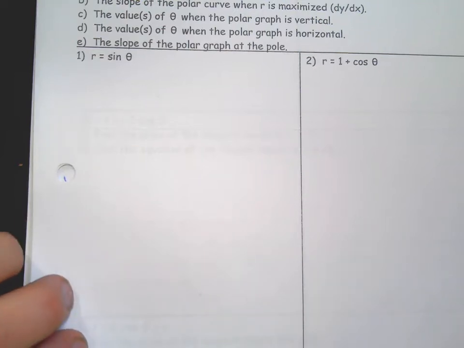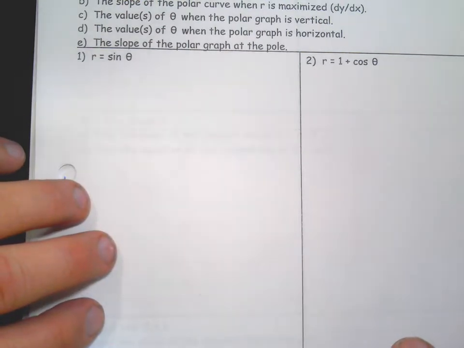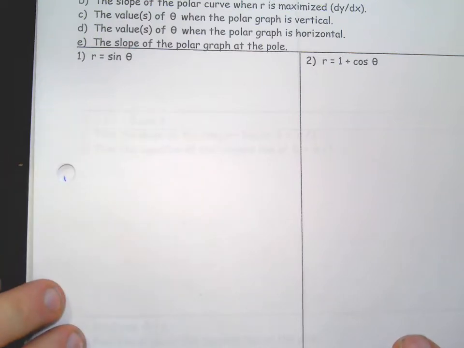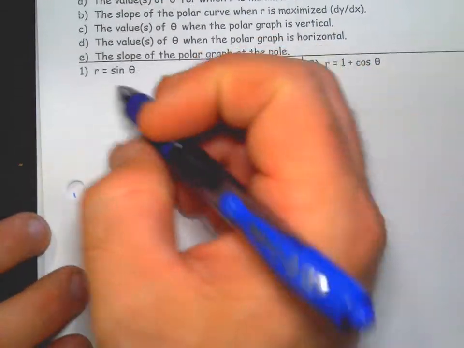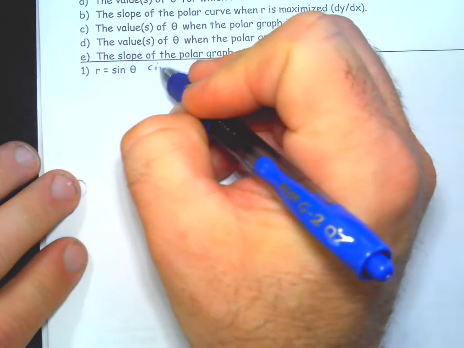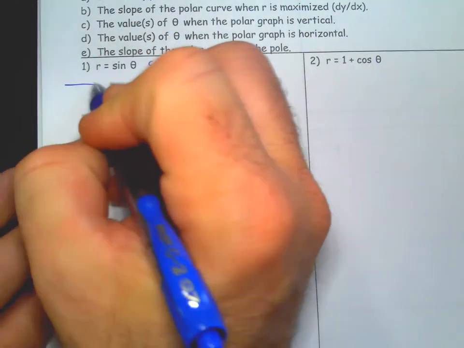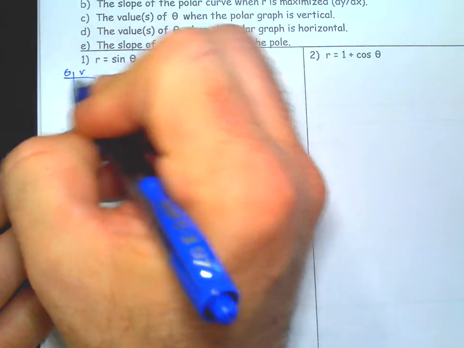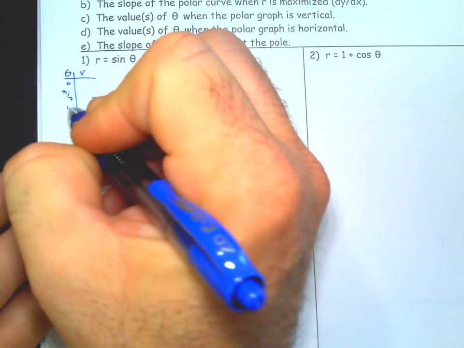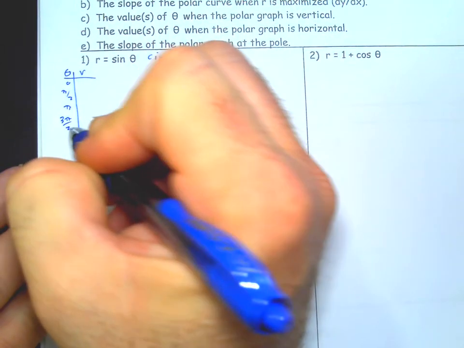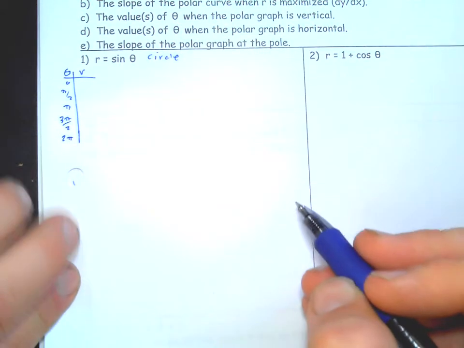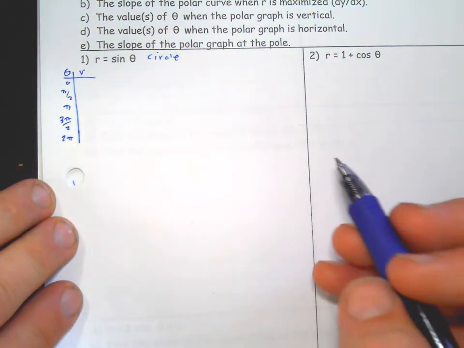Let's see, the following functions, 0 to 2 pi. Find the values where r is maximized, the slope of the curve when r is maximized, where the graph is vertical, horizontal, and the slope of the graph at the pole. So we're going to do a quick sketch of these. You should, hopefully by now, recognize that this is a circle, and it should be vertical because of the sine. Do a quick sketch, and that's going to help us make sense of all the answers we're going to be getting, how many, where they should be.